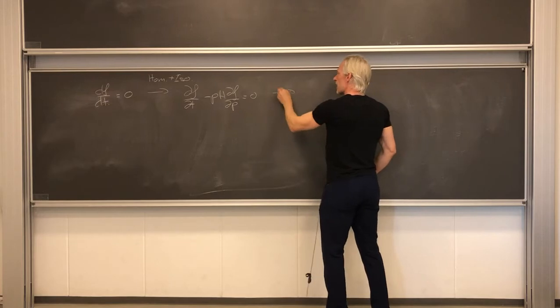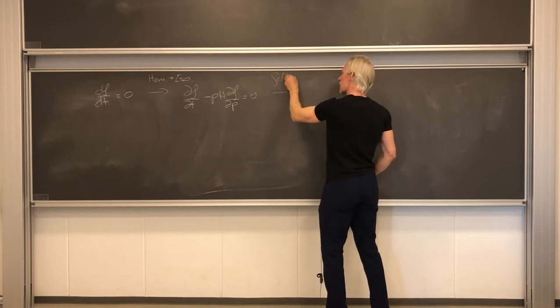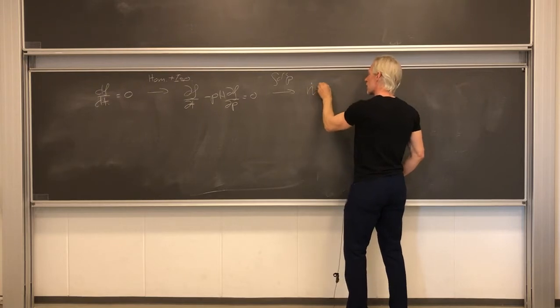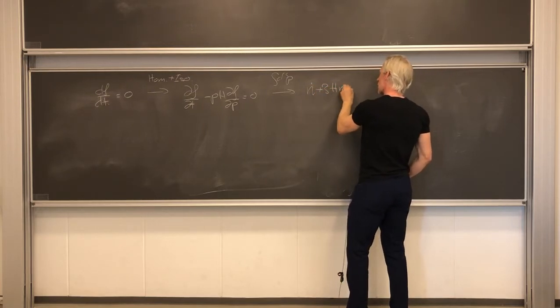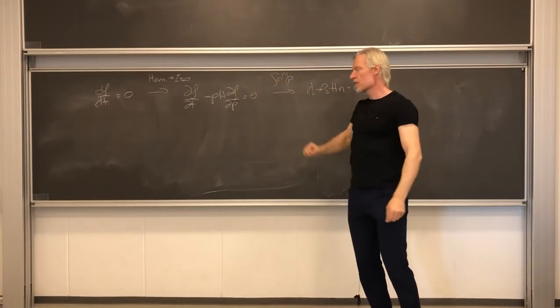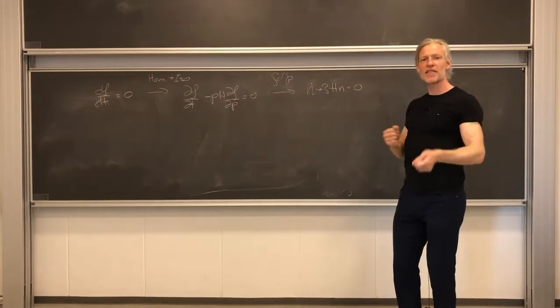And then we integrated over momentum space to get an equation that looked like this. So the Boltzmann equation, in the limit that we looked at it, implies number conservation.